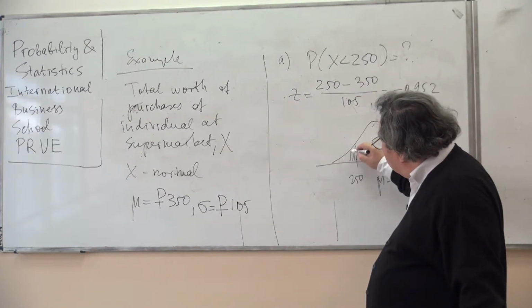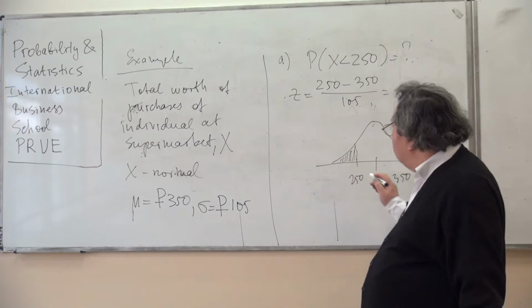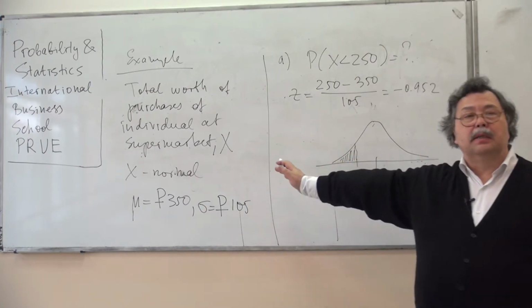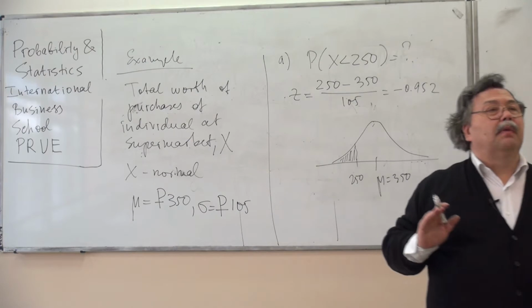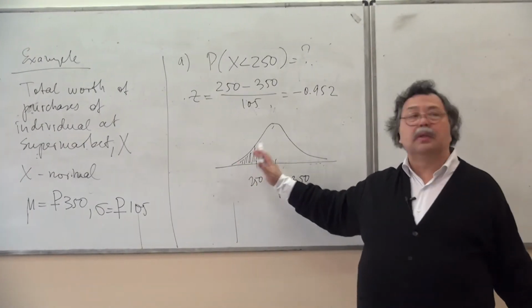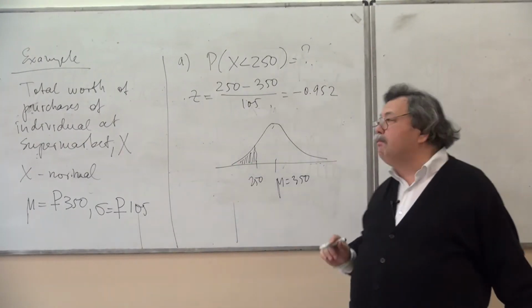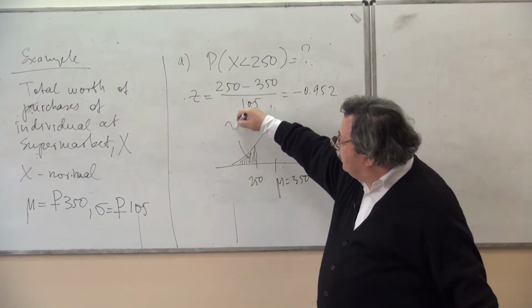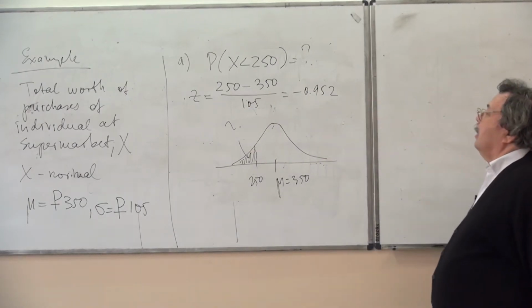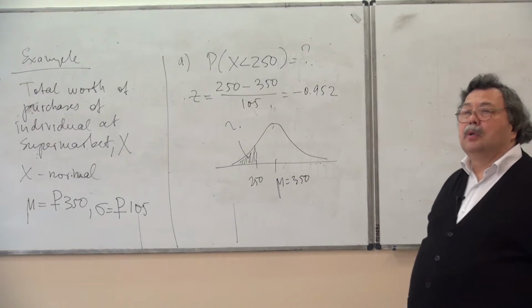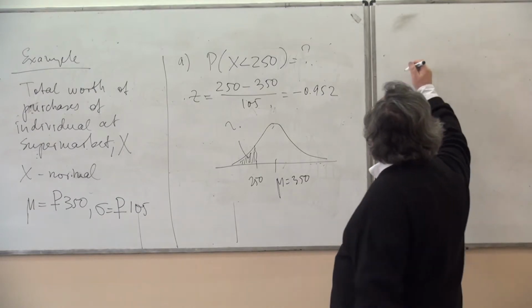Now we are talking about the probability associated with this left tail, associated with the values of x that lie to the left of 250. So this is the question here.